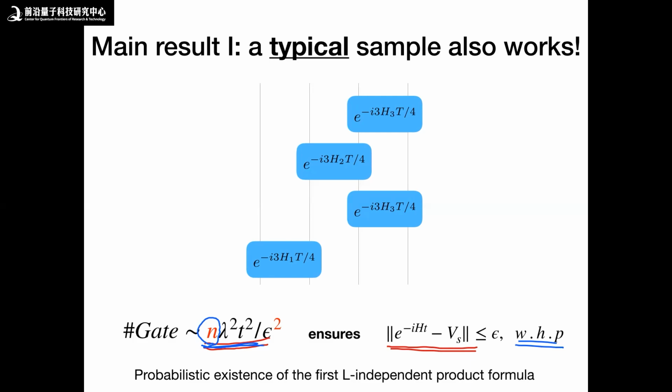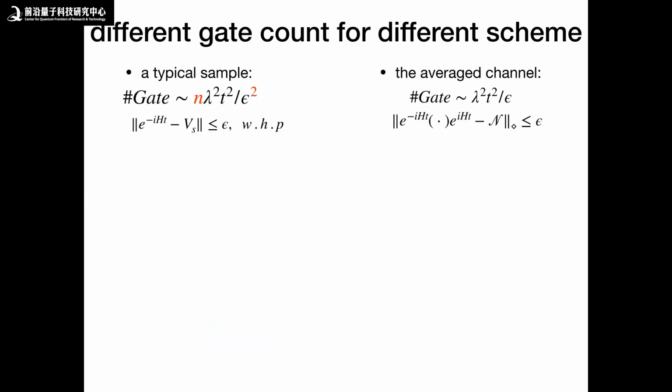L is definitely larger than the number of qubits, sometimes a lot larger. Let's parse this and compare with the channel results. There's an n and there's not an n.